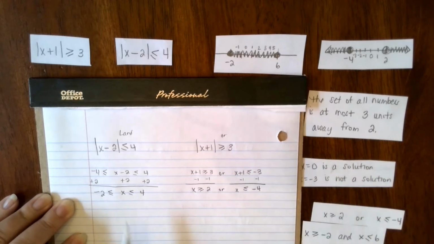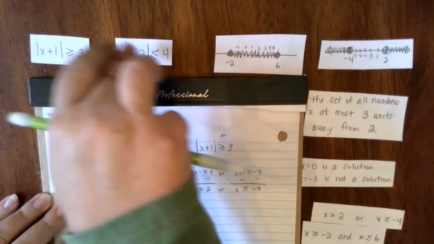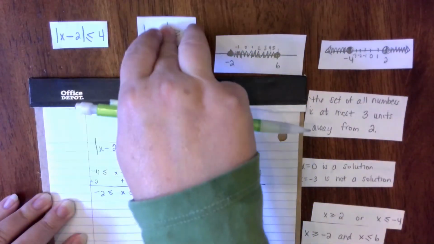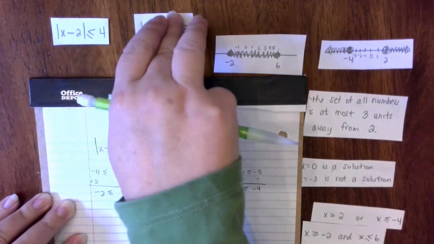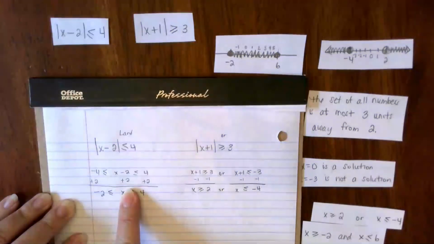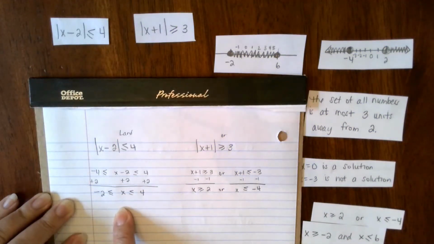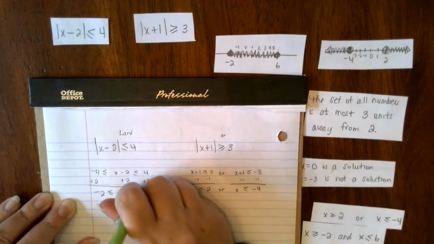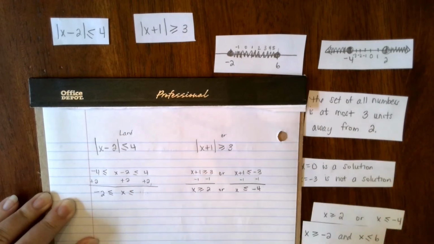All right, so now that I have these two things, I can find them and match them up with what's going on. Let me go ahead and switch these so they match up with what I have on my paper. So I have x minus 2 is less than or equal to 4. So I need to look for -2 is less than or equal to x is less than or equal to 6. Whoops, 4 plus 2 is 6.